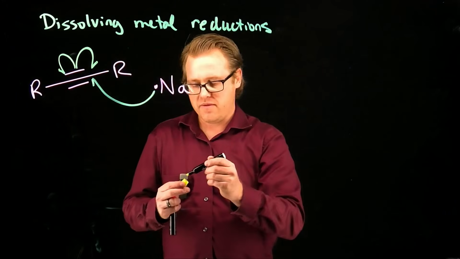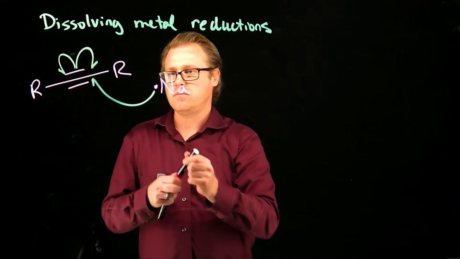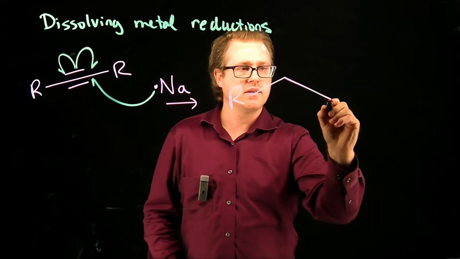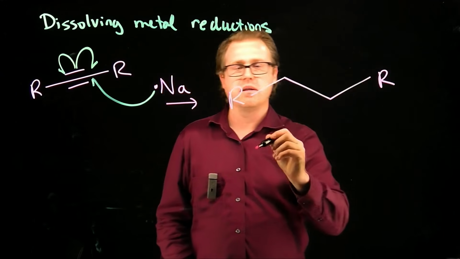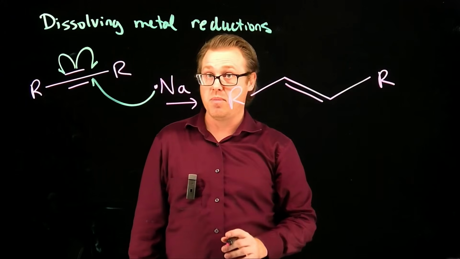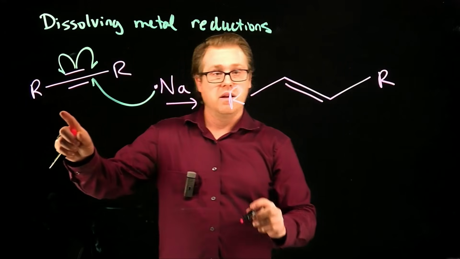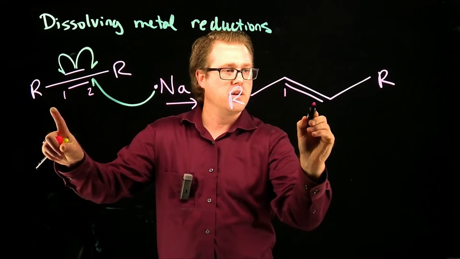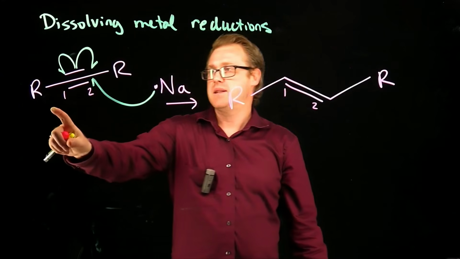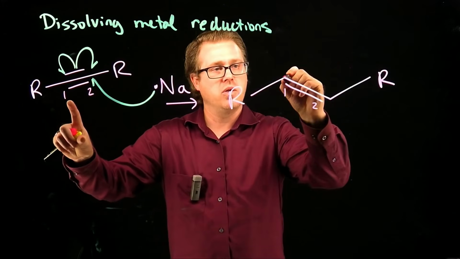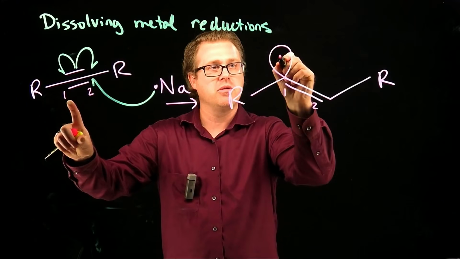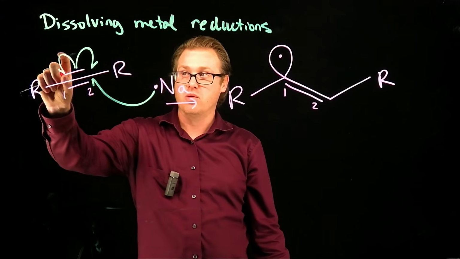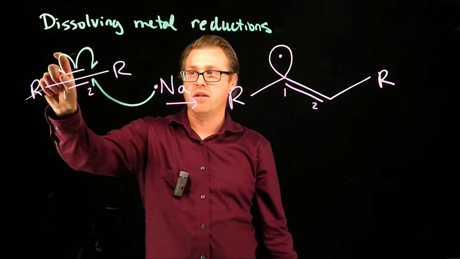So what we have going for us now is something that looks like this. We still have our double bond. And if I number these carbons, carbon 1, carbon 2, carbon 1, and carbon 2, we see that carbon 1 is going to have a p orbital with one electron in it, shown right here by that one fishhook arrow.